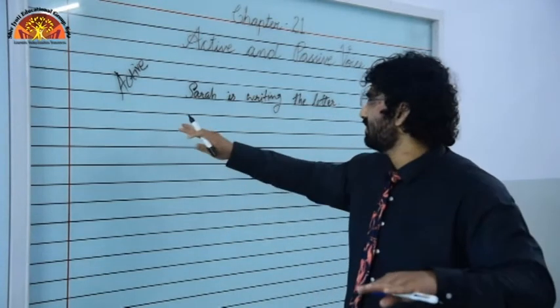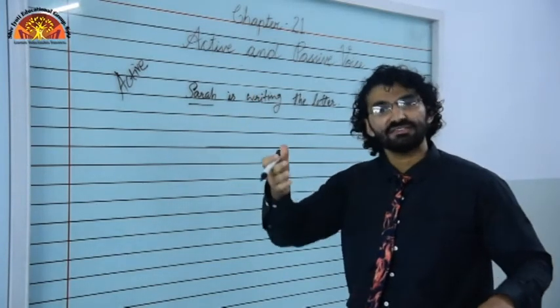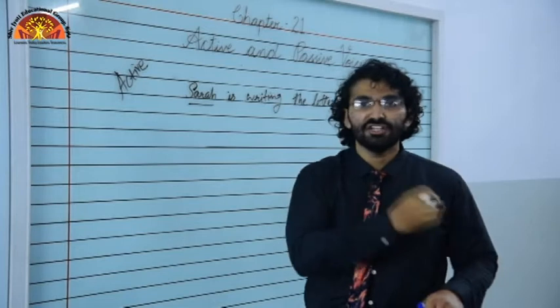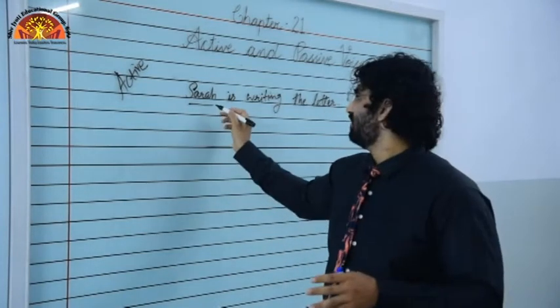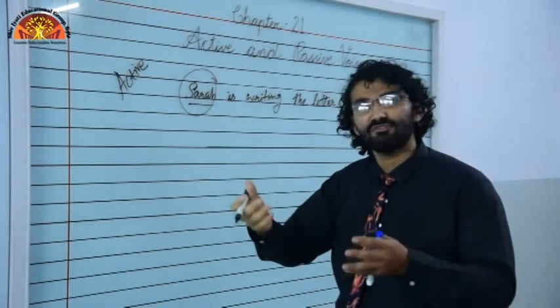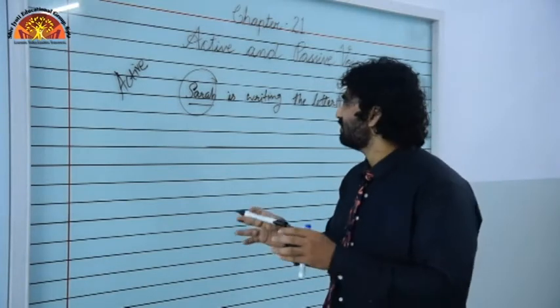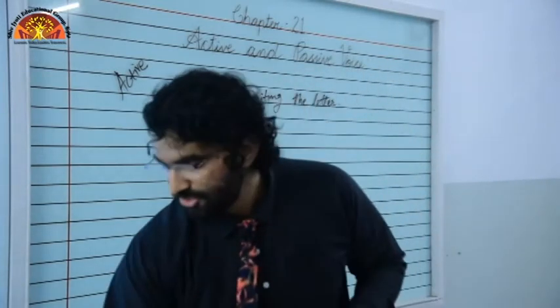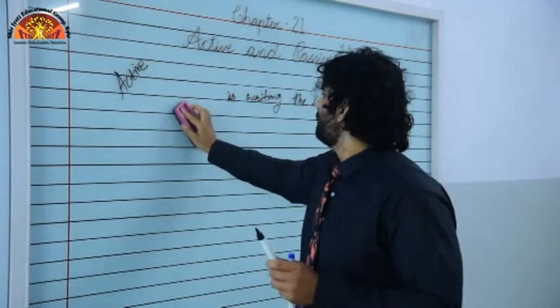In active voice, subject is doing something, and in passive voice, something is being done to the subject. That is the difference, alright? This performer, Sarah, is doing something in active voice, and in passive voice, something will be done to Sarah or by Sarah, okay? That is the main difference. But you know, the more you practice speaking English, the more every concept will become easier for you.